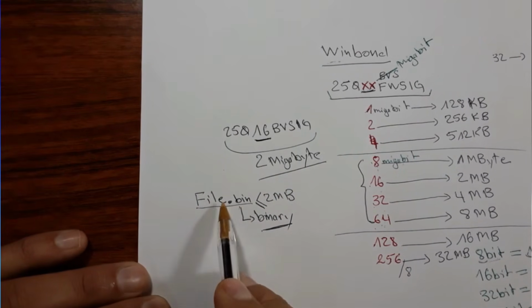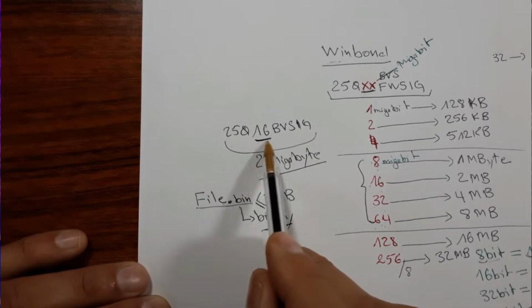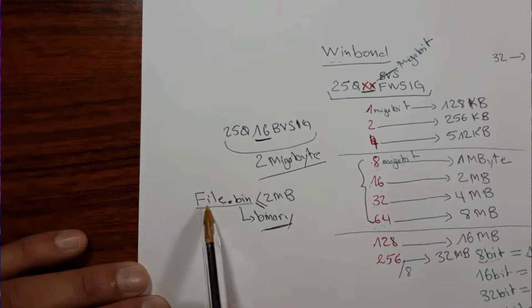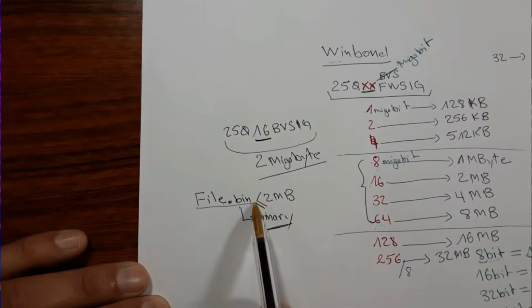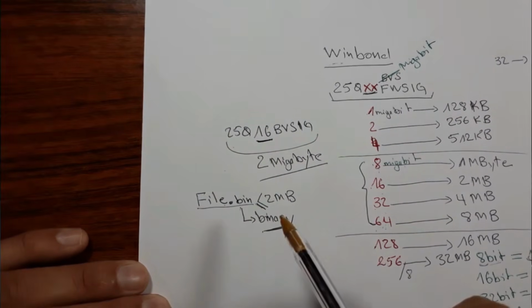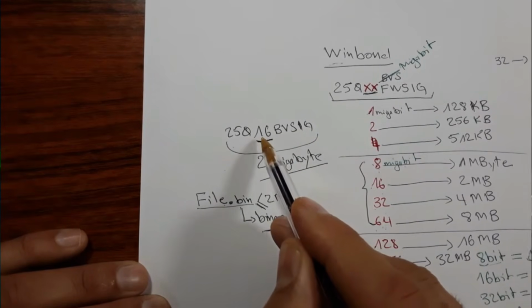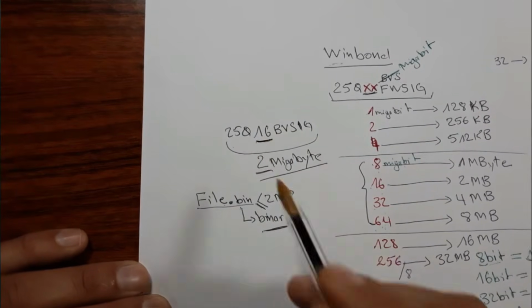The file that we want to use to flash this IC should be less than or equal to 2 megabytes, because the maximum size of this BIOS IC is 2 megabytes.